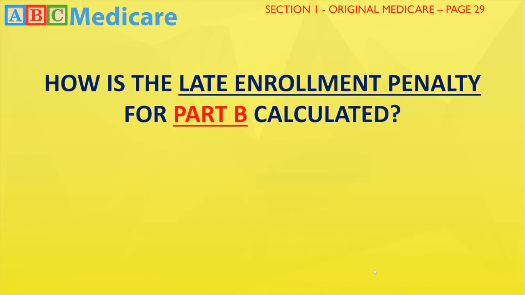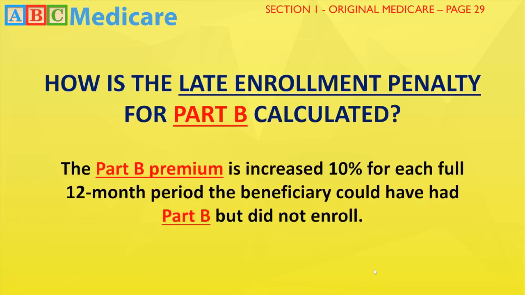How is the late enrollment penalty for Part B calculated? The Part B premium is increased 10% for each full 12-month period the beneficiary could have had Part B but did not enroll. So for example, somebody turns age 65, they do not enroll in Part B, and they do not have credible health care coverage, and they're now 70.